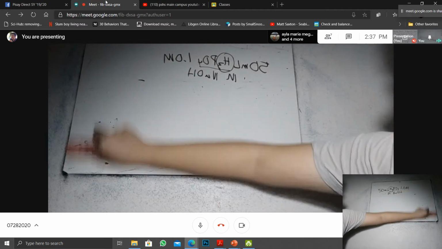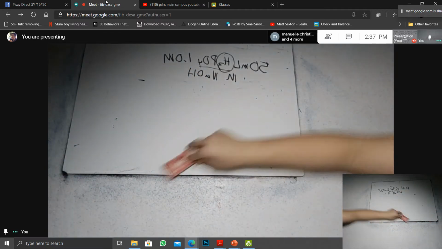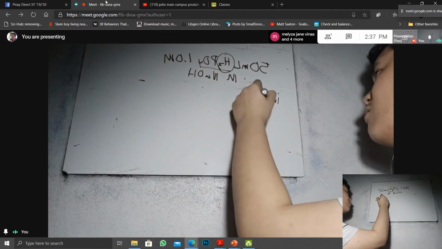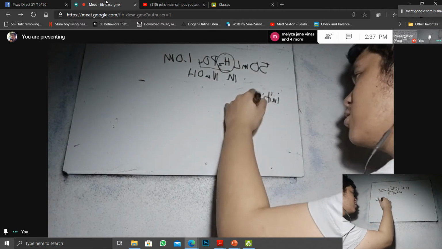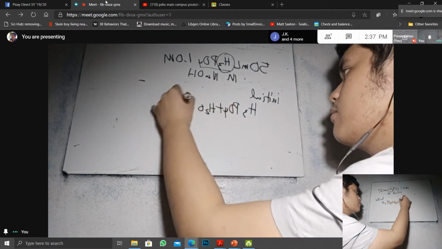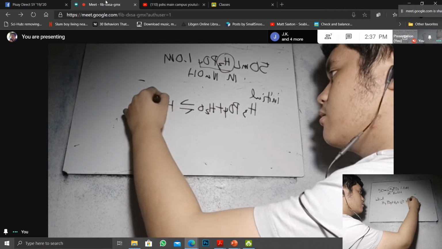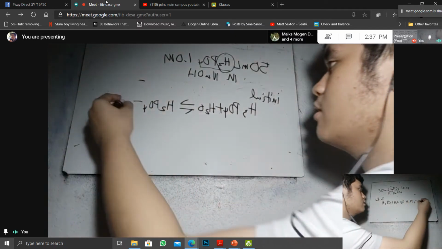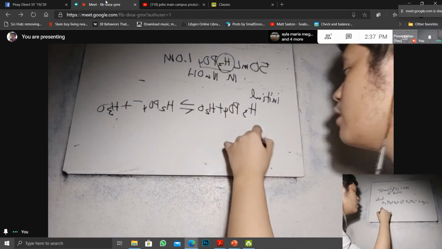Yung pinakita ko sa inyo, 3 step, no? Initial pH. Oh, 3 reaction yan, di ba? I won't solve it na. Kasi magdi-dissociate lang siya sa tubig. Oh, H3O, H2PO4.